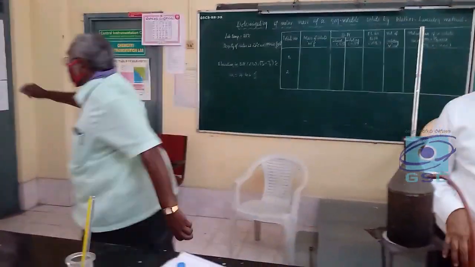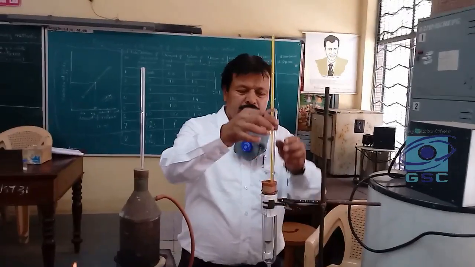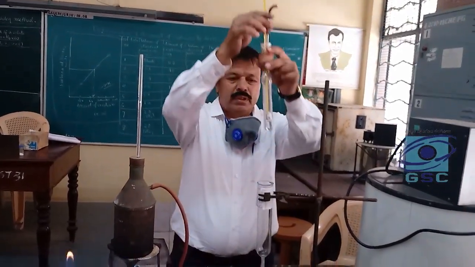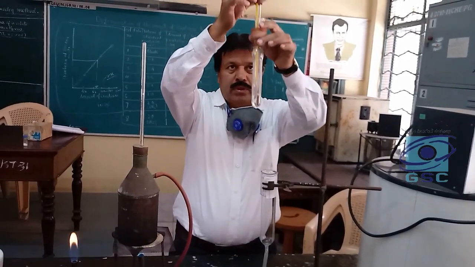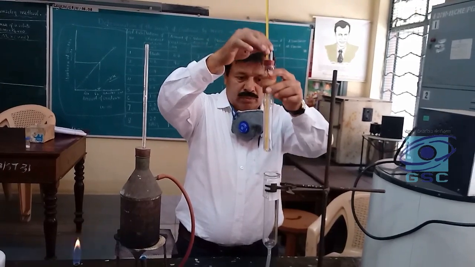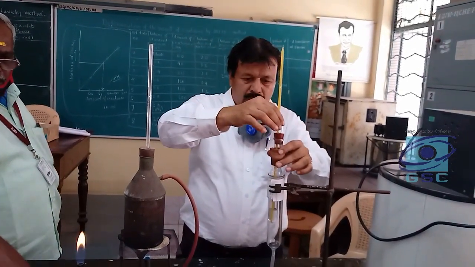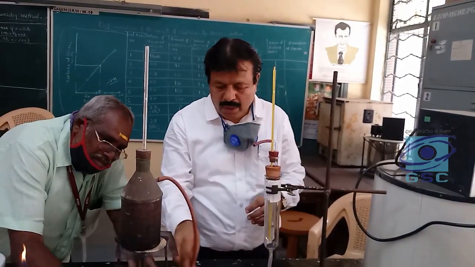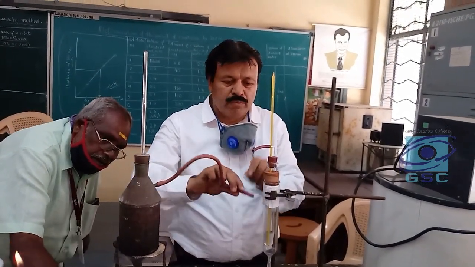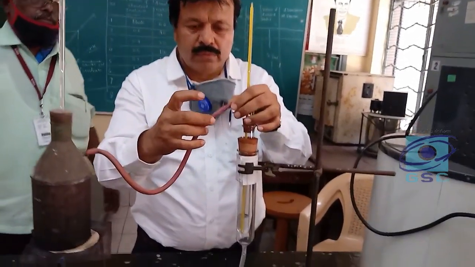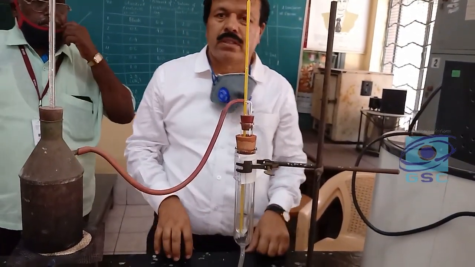To begin with the experiment, we have to take 10 ml of solvent in the inner boiling tube. Now we have to fix the thermometer and the steam tube, and the entire set we have to place in the outer tube. Now we need to pass the steam. So connect the rubber tube to the apparatus.